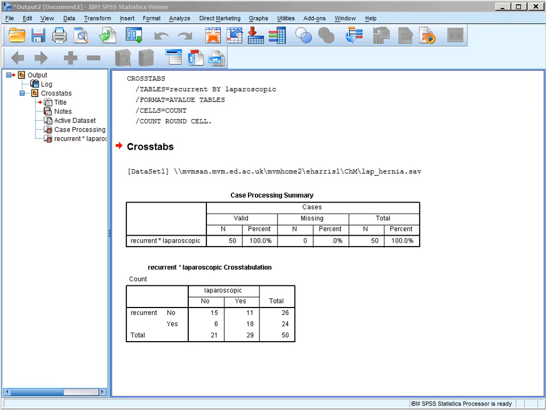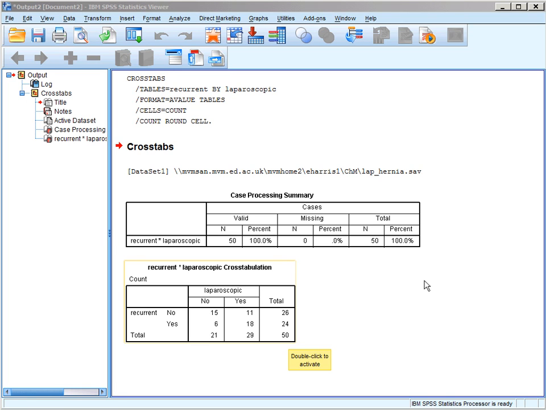It has 2 rows and 2 columns, and you can see the rows are recurrence, no and yes, and the columns are laparoscopic, no and yes. And in the table itself are the counts of cases, or in this case patients, corresponding to these two different variables.